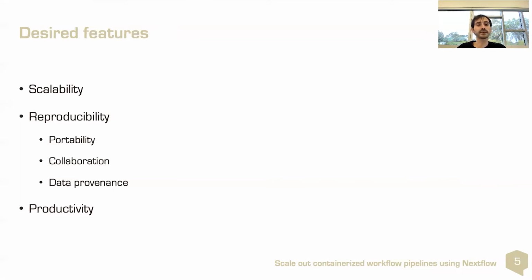So the first one I have in this slide here is scalability, which basically means you may be starting the design of a pipeline on your own laptop with just a very small input data set. But then once the pipeline is ready for production and maybe you need to process a large amount of data, you might end up realizing that the laptop is not enough.